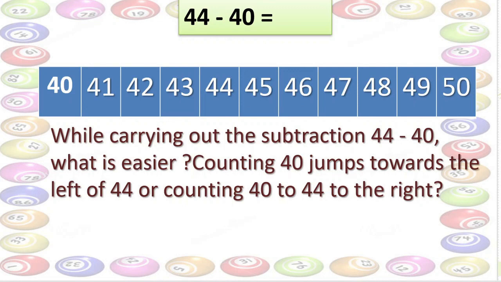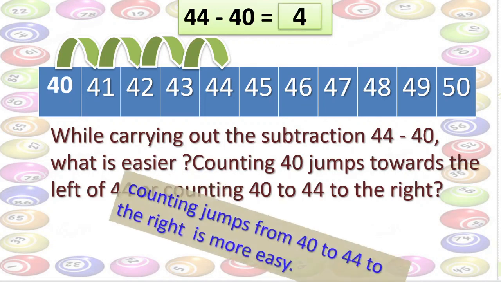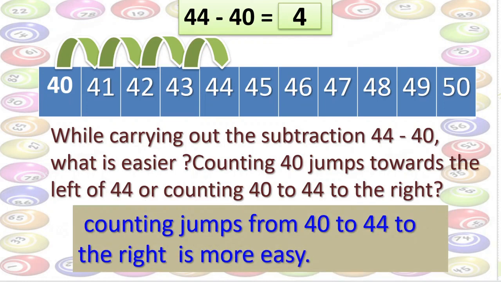Yes, very good. Counting forward from 40, right? And we will reach up to 44. How many numbers to the right? Yes, only 4 numbers. So 4 is our answer. Counting jumps from 40 to 44 to the right is more easy.